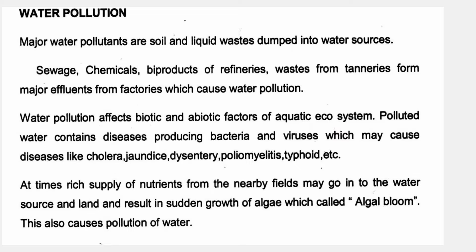That green color is algal bloom, growth of algae, right? So how is it forming? Because of excess growth of other plants, it is getting a rich supply of nutrients that causes growth of algae which is called algal bloom and it causes pollution of water.